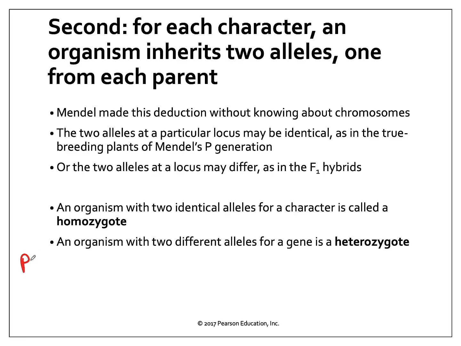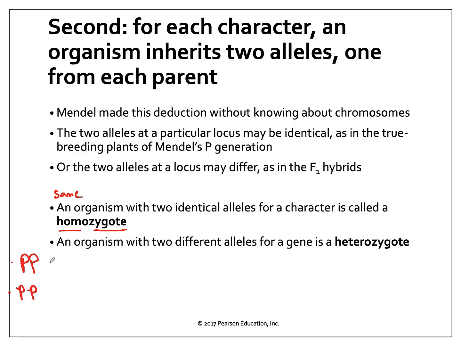So sticking with our flower color example, there are three options. You can be capital P, capital P, meaning that you got the purple color allele from both parents. Or you can be little p, little p, meaning that you got the white allele from both parents. These are both considered homozygotes. This word homo here means same. In this case, these both have the same letter casing.